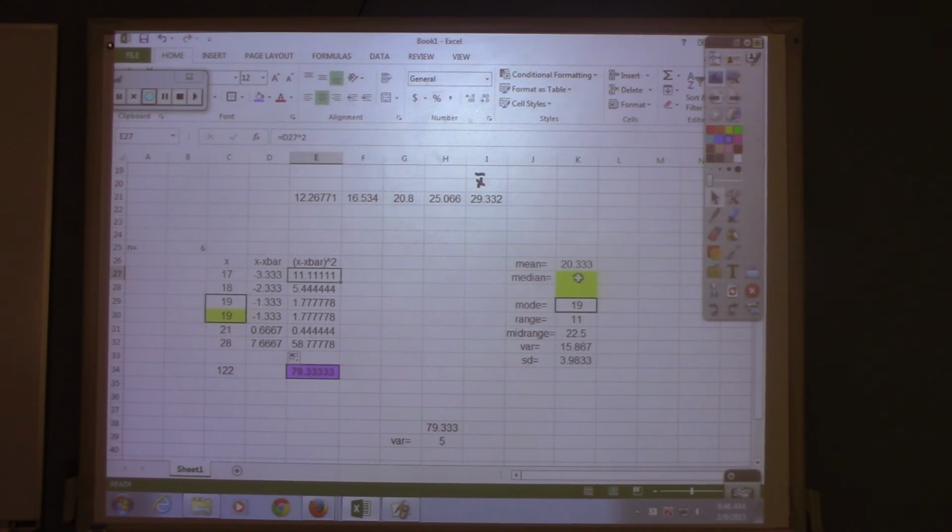Let's check our median. That's these two numbers, so let me highlight these two numbers yellow. And then equals, parentheses, add the two numbers up, and divide by what?